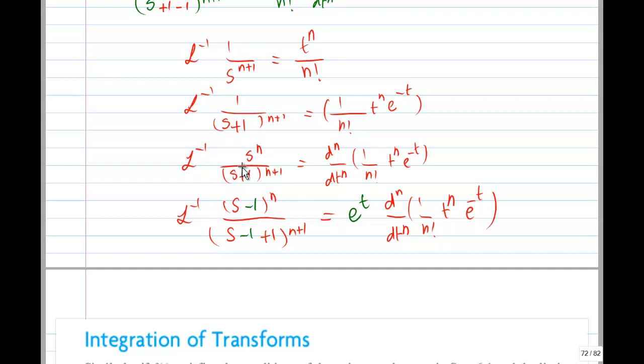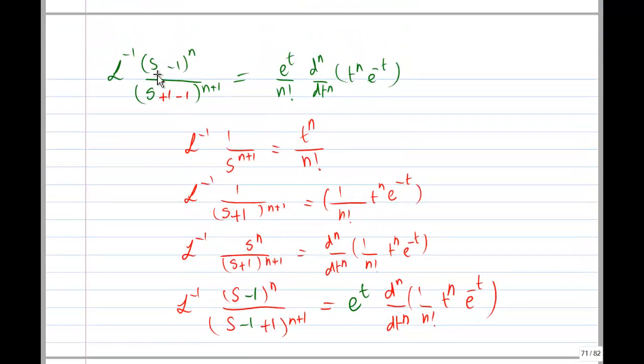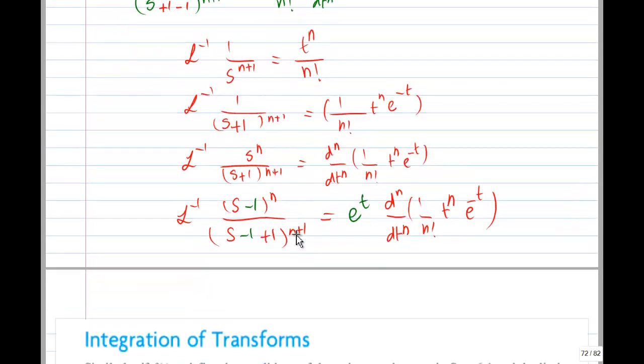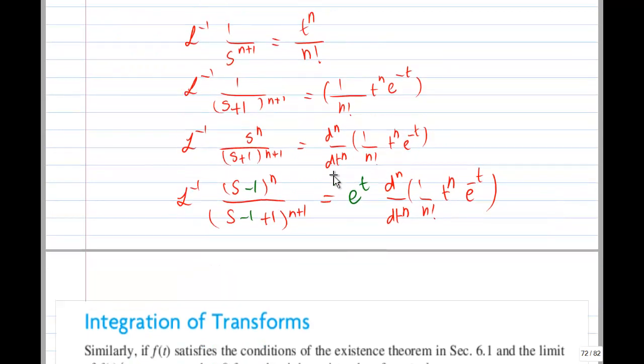And then s to the n plus 1 and s minus 1. So it's the same function, but every s is shifted by s minus 1. That's another shift in the t domain. So that was the motivation: you would say, if only I have s to the n plus 1 and s minus 1, then everything would be shifted in the t domain. So that proved the Rodriguez formula, right?